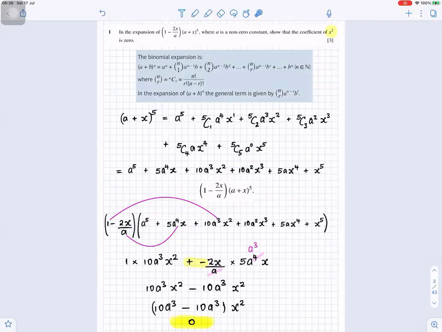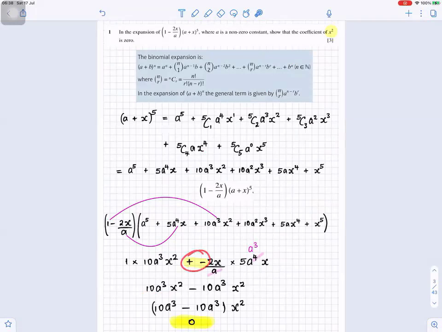So it'll be 1 times 10a^3 x^2 plus minus 2x over a times 5a^4 x. Now, 1 times 10a^3 x^2 stays as 10a^3 x^2.